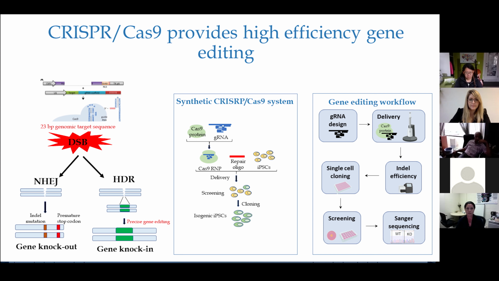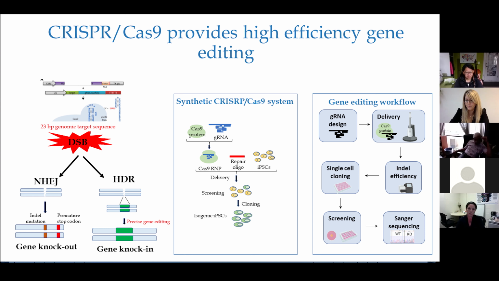After that, the cell takes care of the double-stranded break by repairing this break using two different mechanisms. And in this particular case, if we provide the cell with a homologous template, the cell will repair this double-stranded break in a precise way. So imagine having here that point mutation in the green part, and the cell will incorporate that.